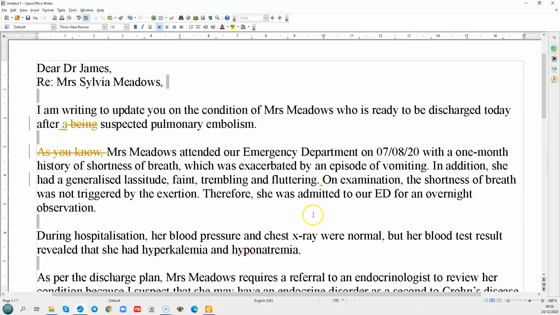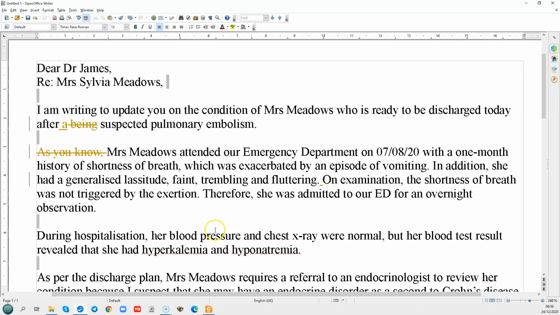Was it a single episode? So you've got a 1-month history of shortness of breath, exacerbated by an episode of vomiting. But when did that episode occur, and why would a single episode exacerbate your shortness of breath?